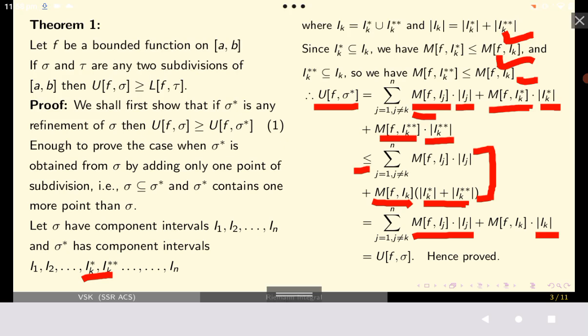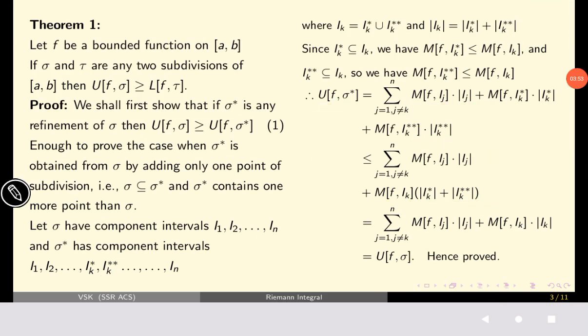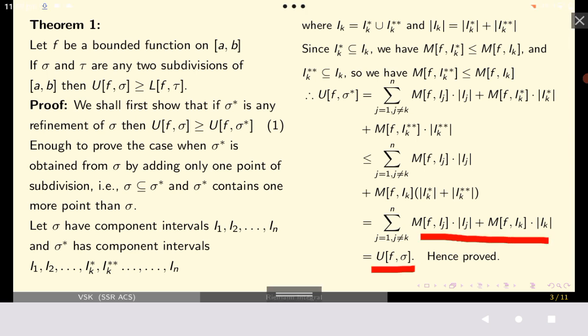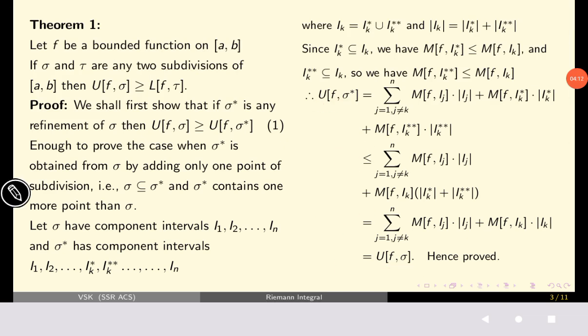This complete expression is nothing but the upper sum of f with respect to sigma. So we have proved that the upper sum with respect to sigma star is less than or equal to the upper sum with respect to sigma. So this part is proved.